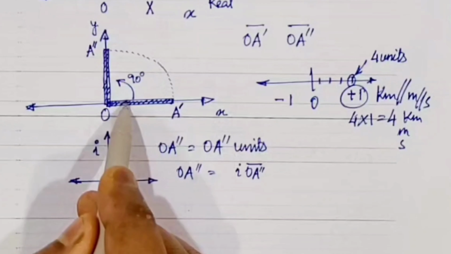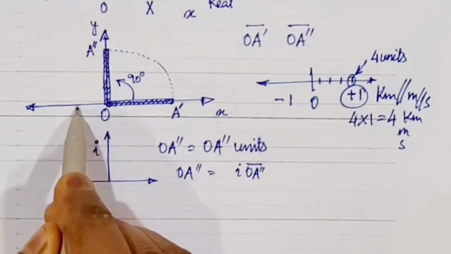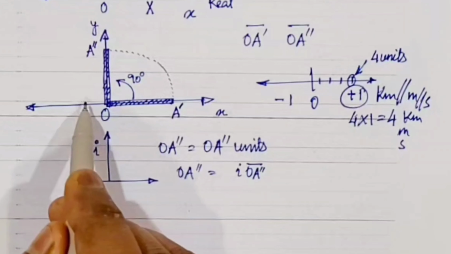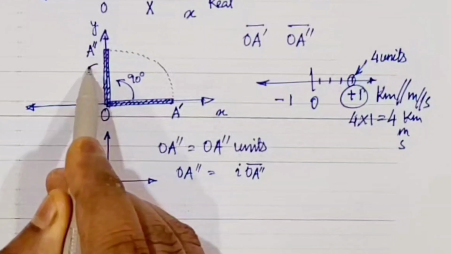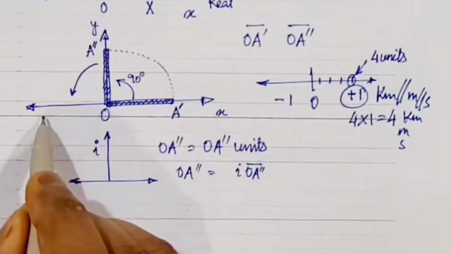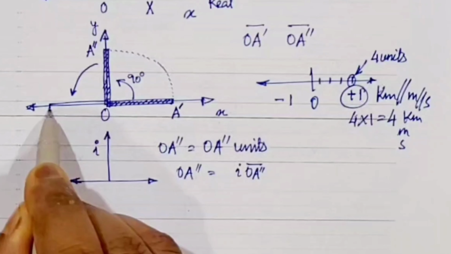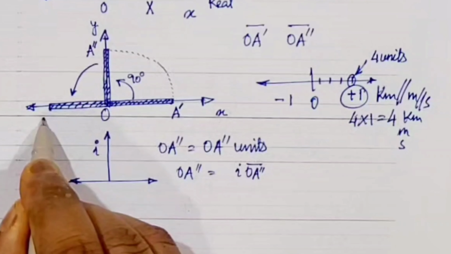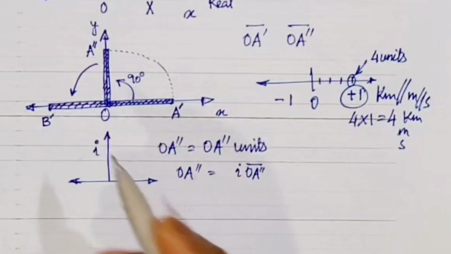If you further multiply by one more i, if you multiply that with OA double prime, this will drop back here. Let's say a new marker here, let's say it is B prime.